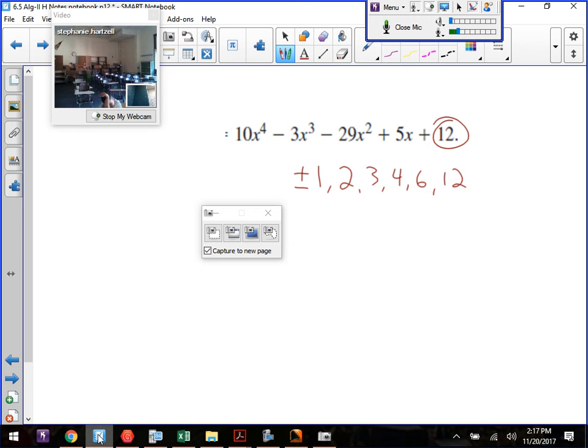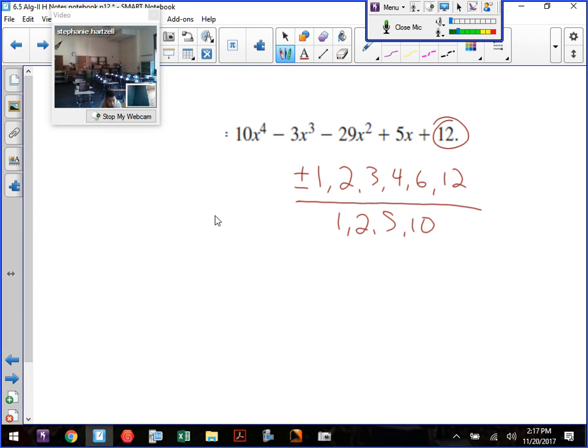What are your factors of 10? Which basically means you have possible zeros that you can find. We'll get why this works at plus or minus 1. 1, 2, 3, 4, 6, 12.